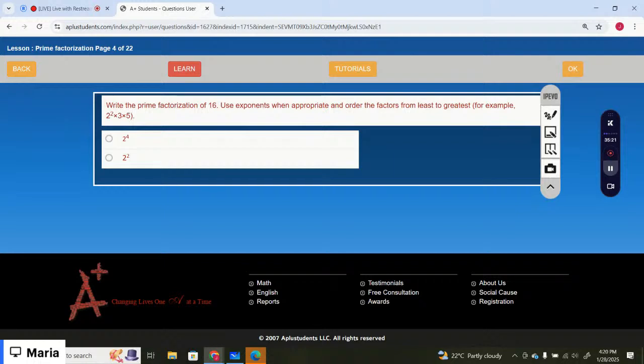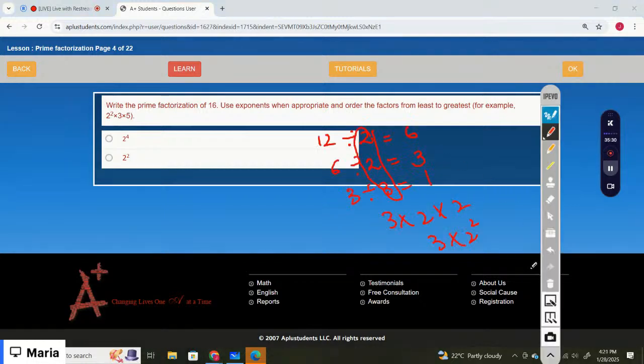What is the prime factorization of 16? So which is the correct option? Divide 16 by the smallest prime number. The smallest prime number that can divide 16 is 2. 16 divided by 2 is 8. Now divide 8 by the smallest prime number, that is 2. You have 4. Divide 4 by the smallest prime number, that is 2. And then divide 2 by the smallest prime number until we have 1.